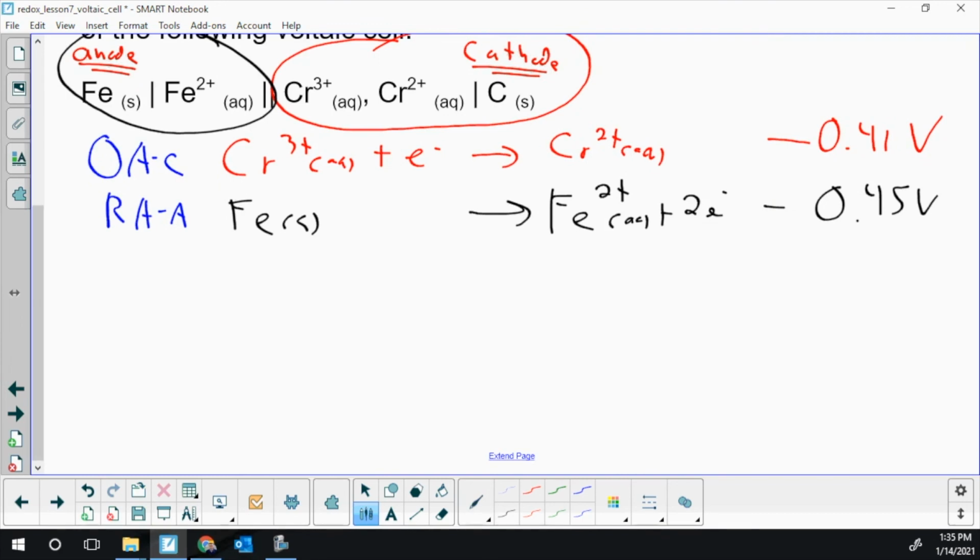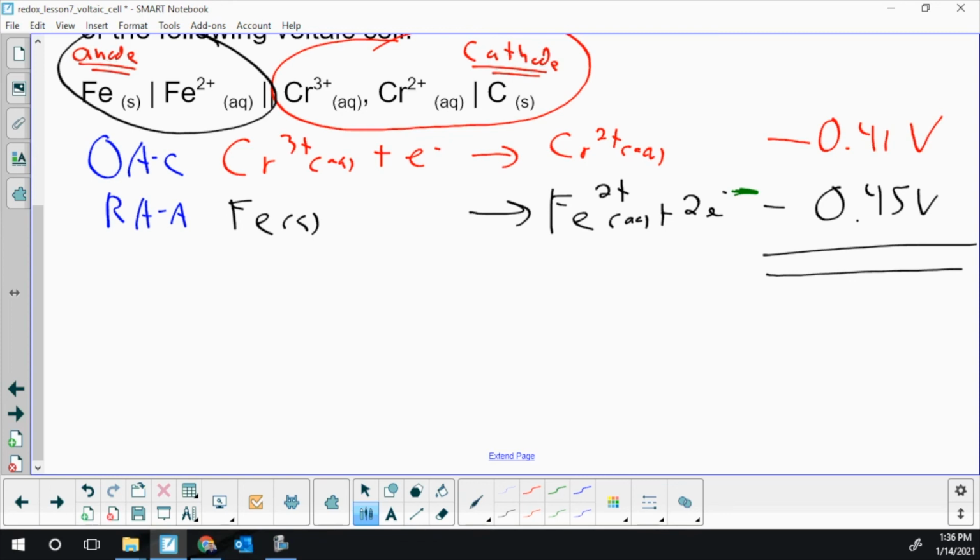The voltage of the cell is a subtraction of the cathode reduction potential minus the anode. So if you write this the way I've set it up, cathode first, anode second, all you need to do is subtract those numbers, take the red, which is minus, subtract the black, which is minus, and you'll get the cell potential.